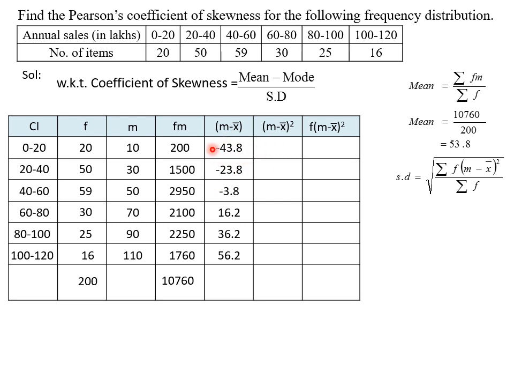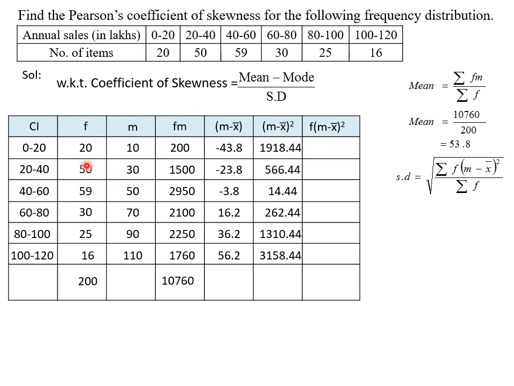Then you have to square these values. When you square this value, now minus becomes what? Plus. So 43.8 squared is what? 1918.44. Then 23.8 squared is 566.44. Likewise calculate the remaining ones.